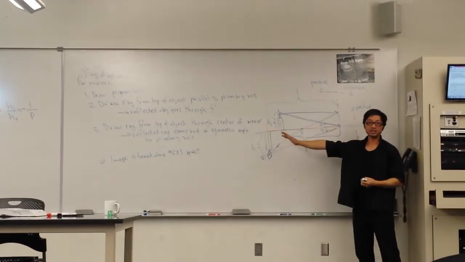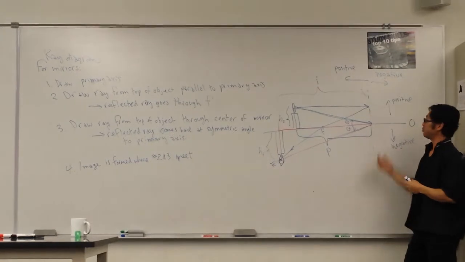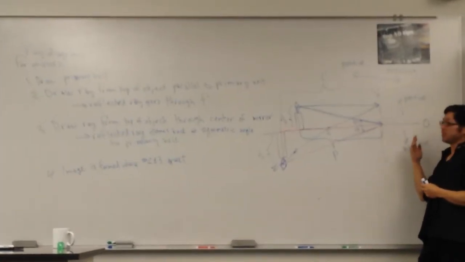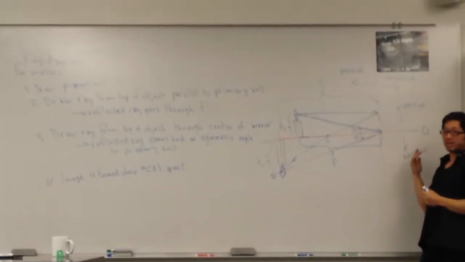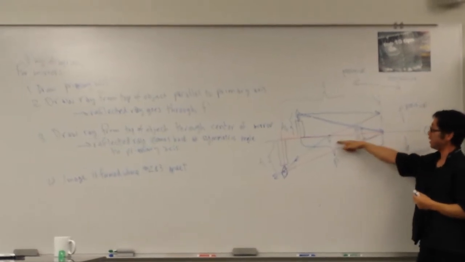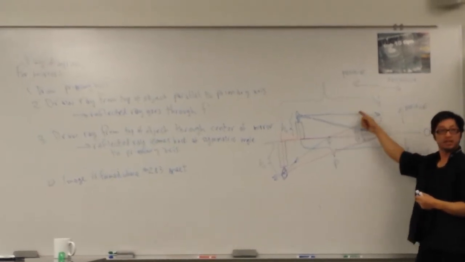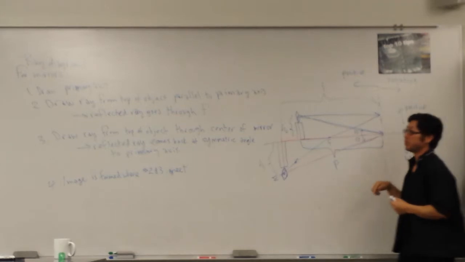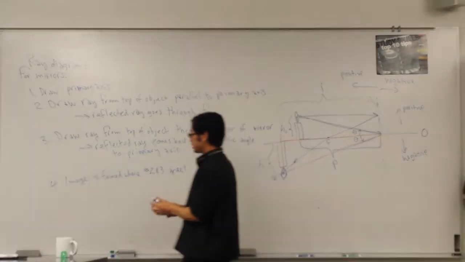So if you're in front of the mirror, it's a positive number. If you're behind the mirror, it's a negative number. And we're talking about F and P and I. So we gotta be careful about our signs.